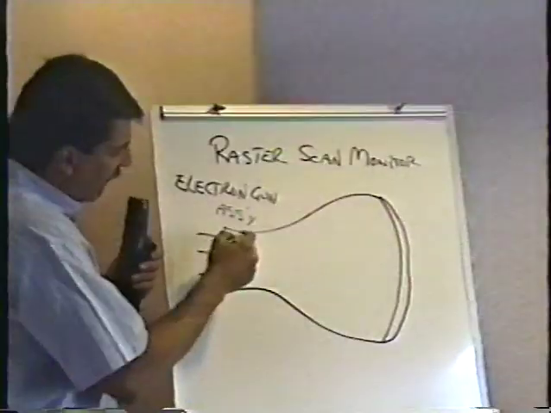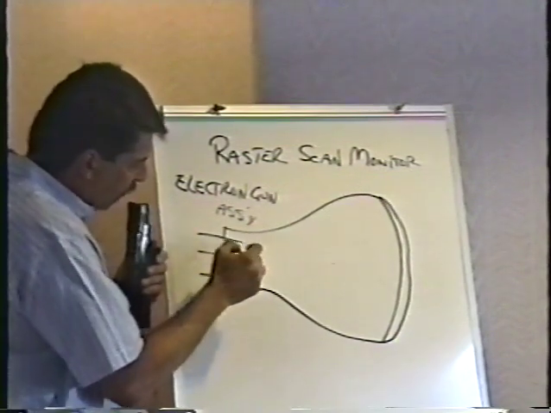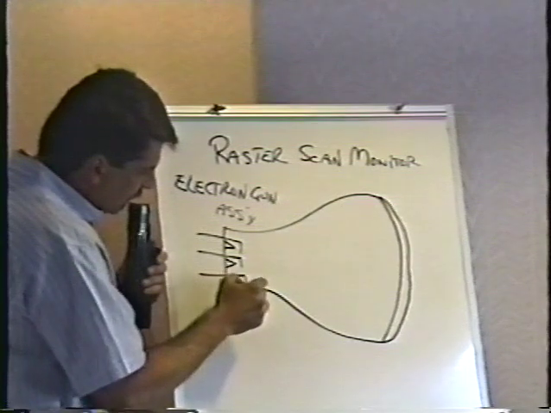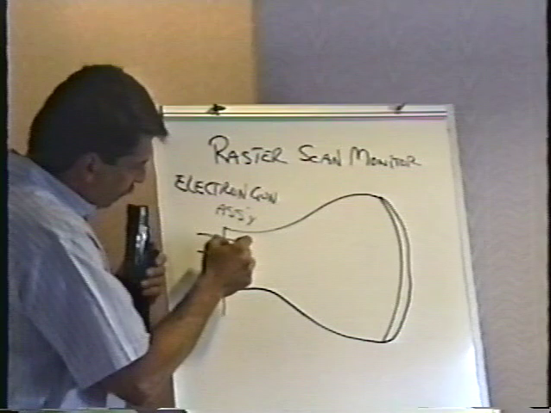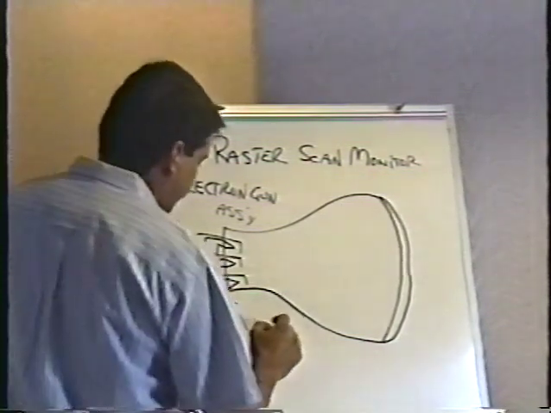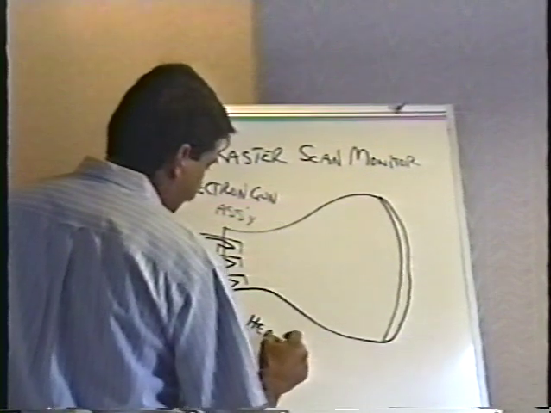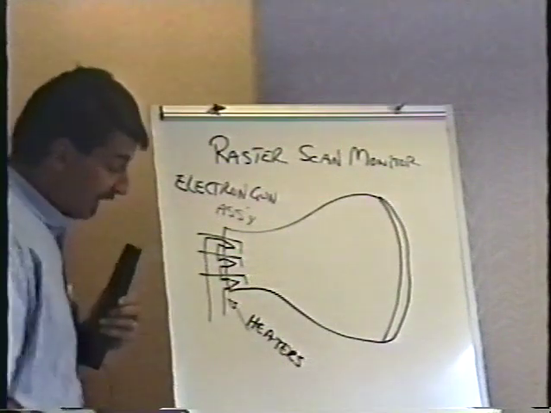Down here in the neck, as part of the electron gun assembly, on the schematic diagram, it just looks like little points like this. And they're actually connected together in series, like this. And these are the picture tube heaters. They heat up the electron gun. That's real important.